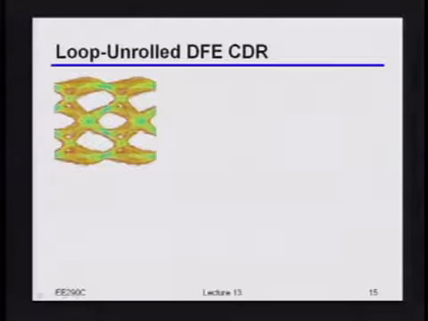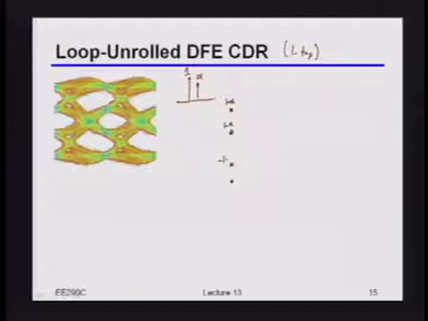Remember, in a loop unrolled DFE, if I have a one-tap loop unrolled DFE, and my channel is 1 and then a first post cursor of alpha, then every data bit can have any one of 4 possible analog values. So it could have 1 plus alpha, 1 minus alpha, minus 1 plus alpha, minus 1 minus alpha.